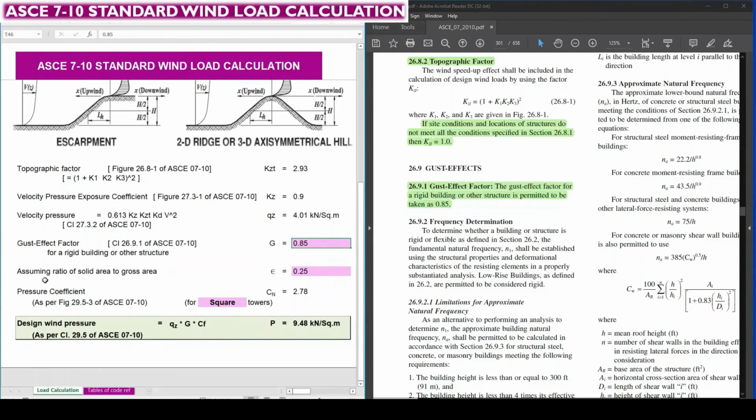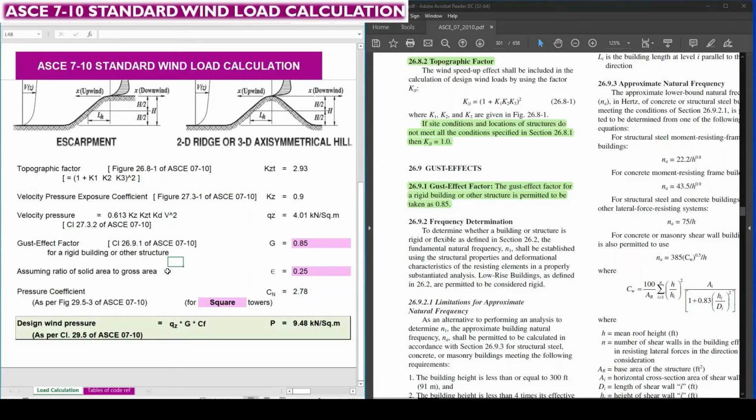Next one is we need to assume the solid ratio, or we need to calculate it based upon our structure configuration. The solid ratio is nothing but the solid area divided by the gross area. Gross area is the panel size. We need to calculate roughly by length into depth, and solid area is nothing but the members which are exposed to wind, that alone we need to calculate.